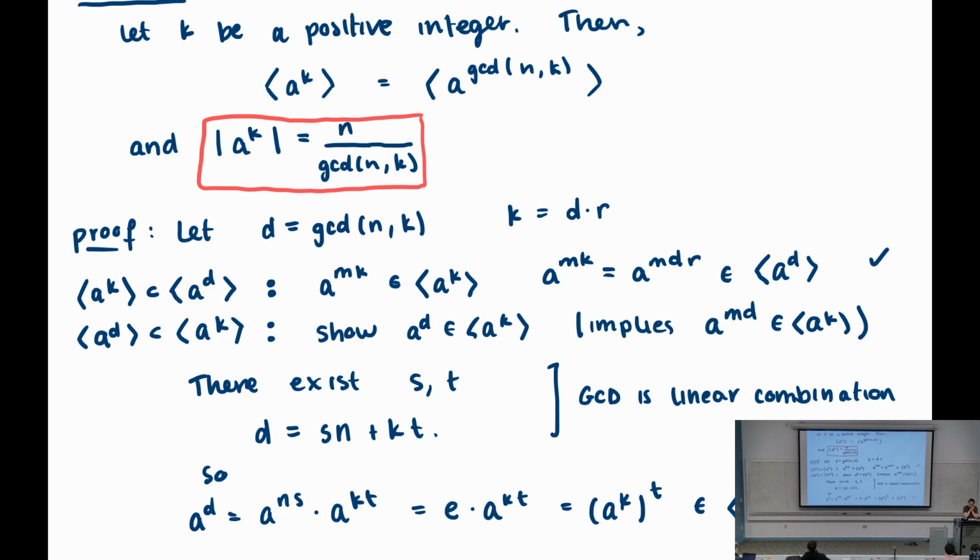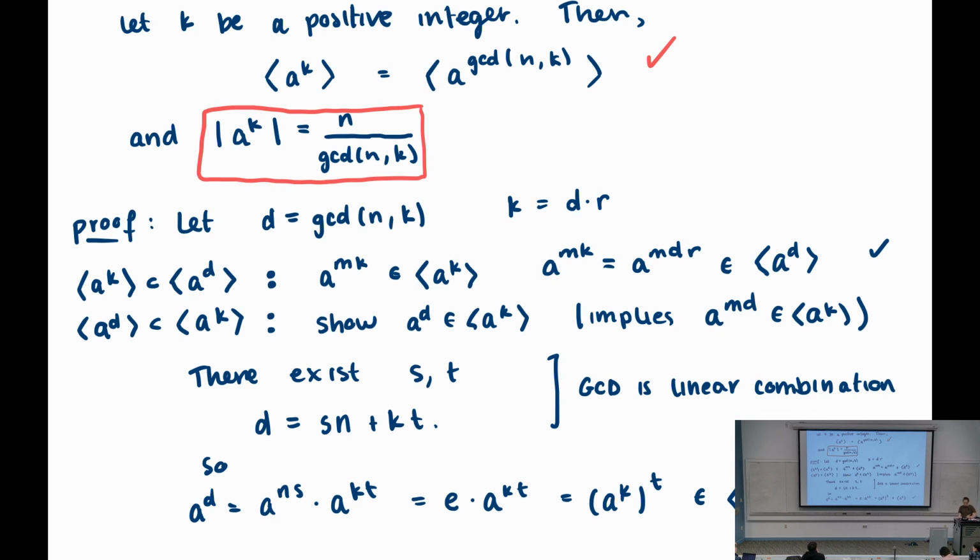So we have proven this part, right? So now we have to show that the order of A to the K is N over GCD. Can you explain again why A to the NS equals E?